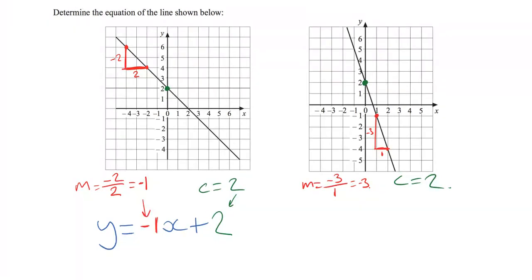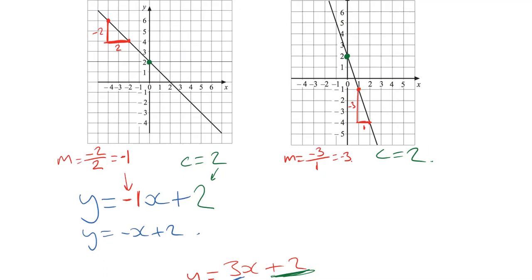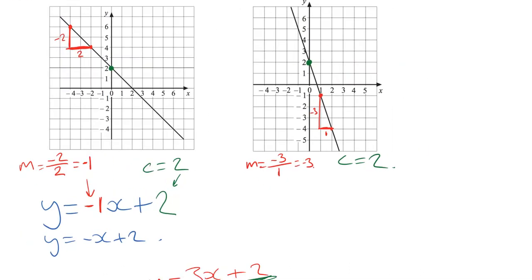Minus 1x is the same as minus x, so we might write this as y equals minus x plus 2, but that's the principle. In this second example, we would have y equal to minus 3 lots of x plus 2. Again, the minus 3, that gradient, that steepness, goes in front of the x.